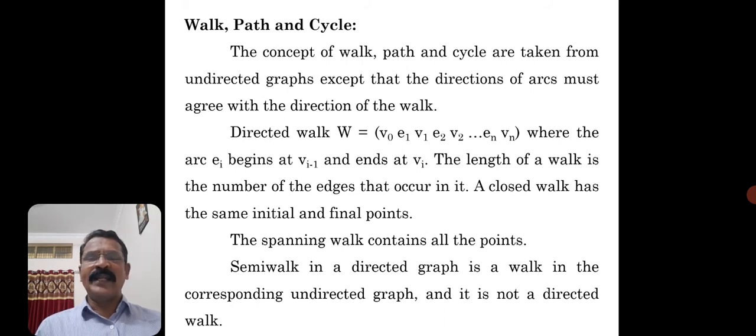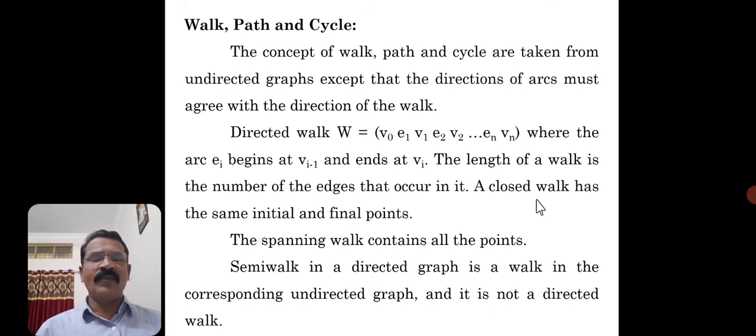A directed walk W is an alternating sequence of vertices and edges, W = V0, E1, V1, E2, V2 and so on up to En, Vn, where the arc Ei begins at Vi-1 and ends at Vi. Similarly, the length of a walk is the number of occurrences of edges, as in undirected graphs.